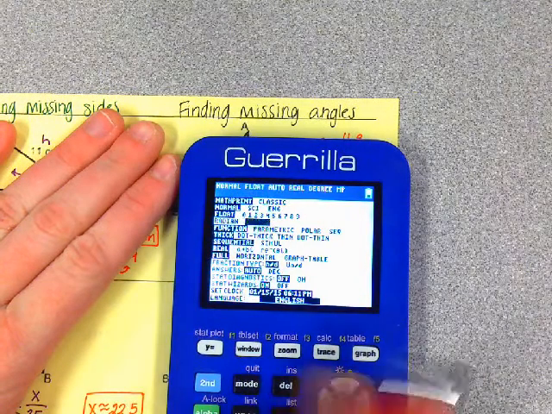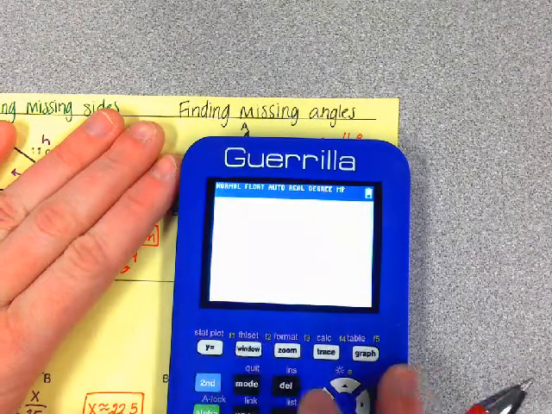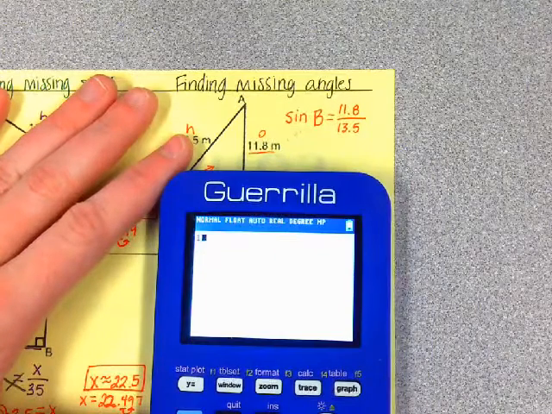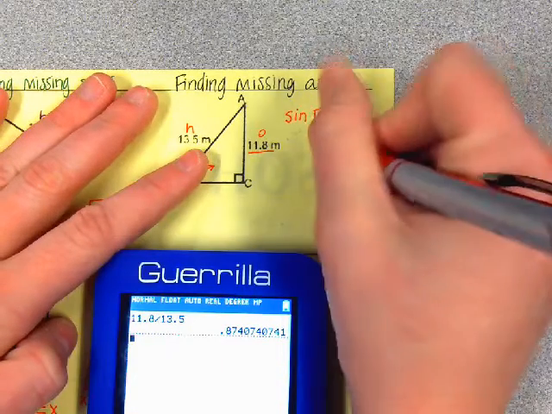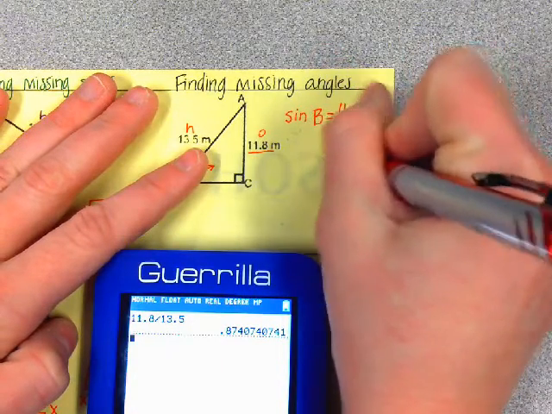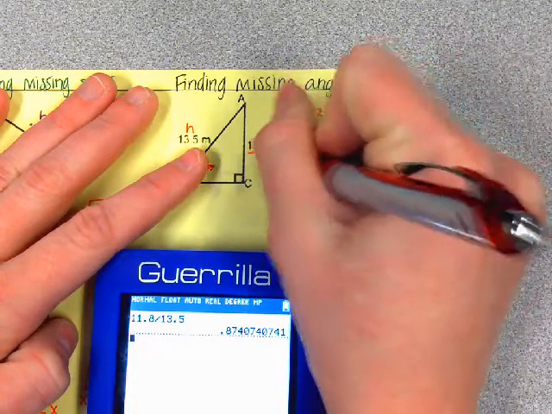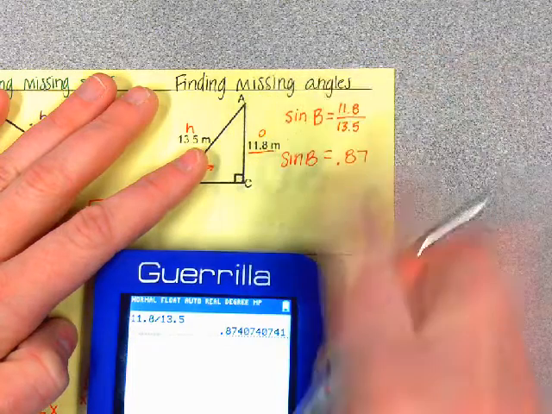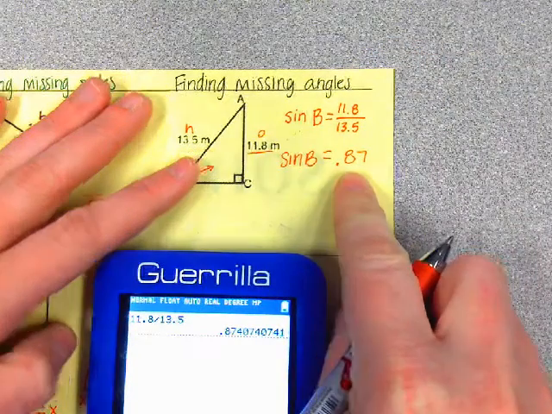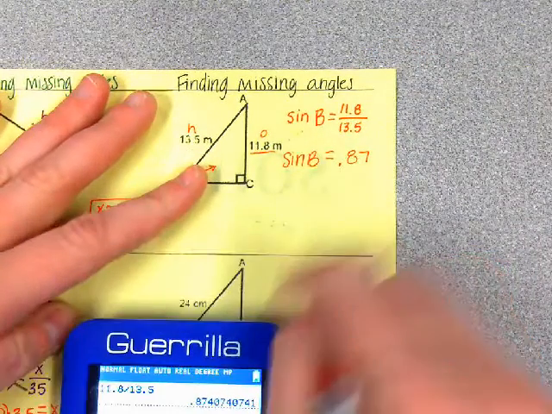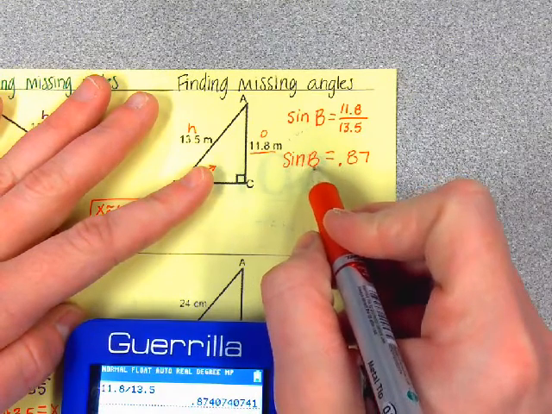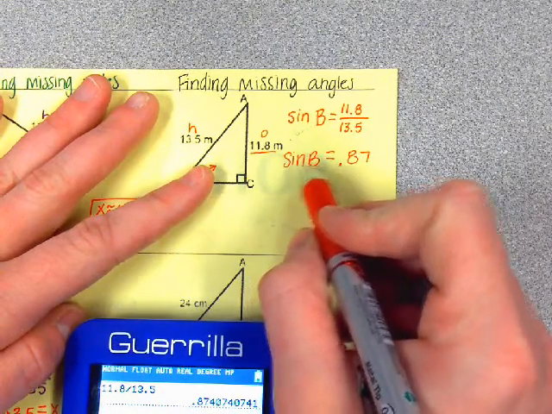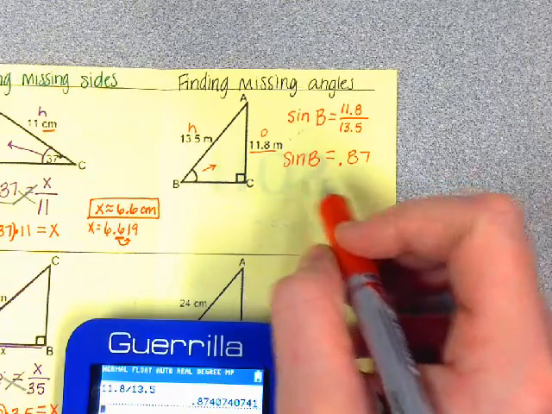Yes, my calculator is still in degree, so I'm going to type in 11.8 divided by 13.5, and that gives me 0.87. So the sine of B is equal to 0.87. If you notice, it's not anything like sine times B or sine divided by B or sine plus B.